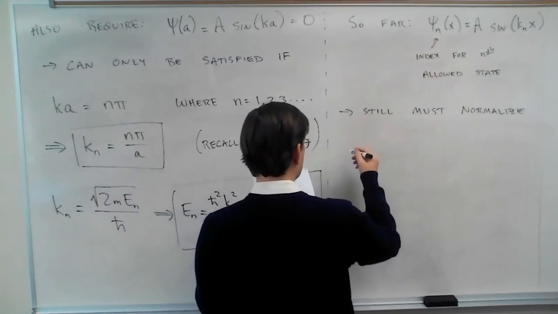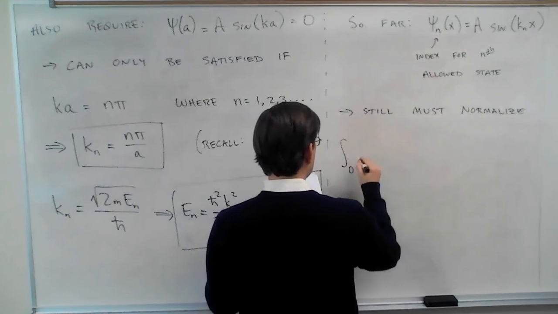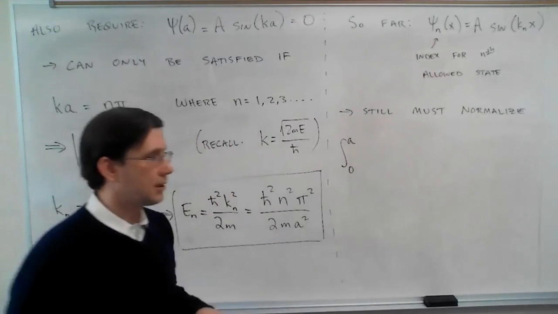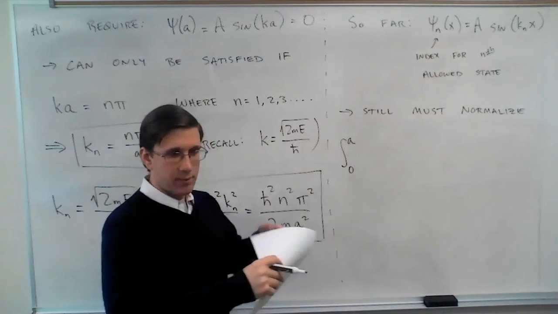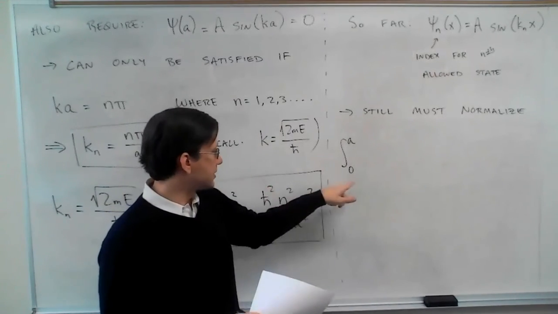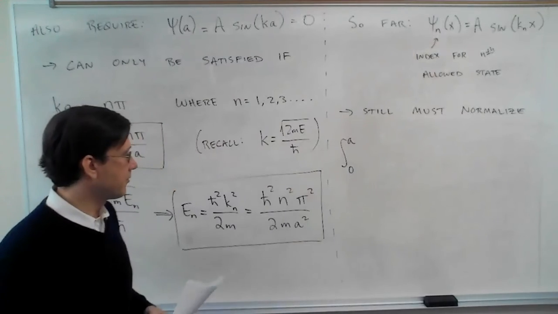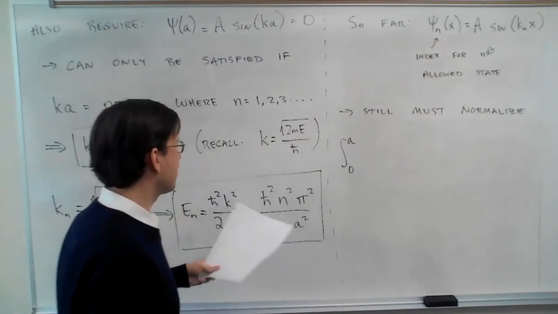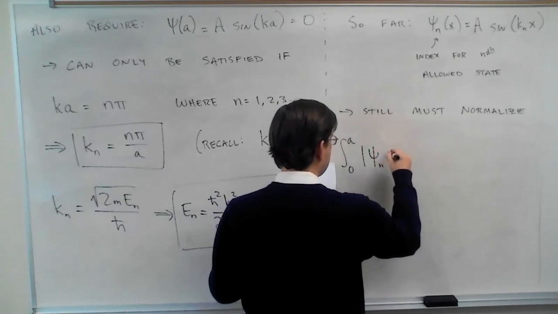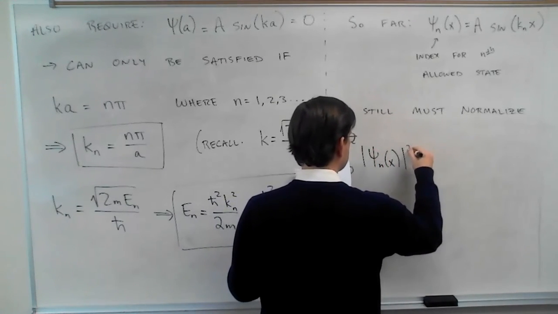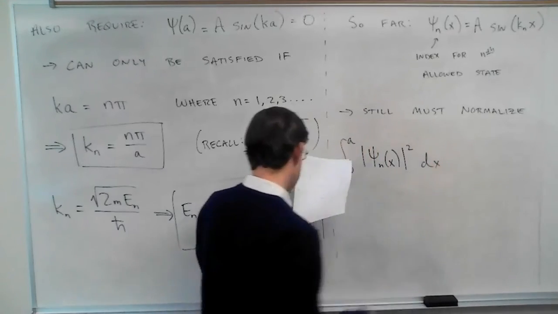So to normalize, we do the usual thing. We're going to integrate over the region of interest. Normally it would be all space, but we know that outside of 0 to a, the integral has to give 0. So we're only going to integrate between 0 and a. Magnitude of psi sub n of x squared dx.